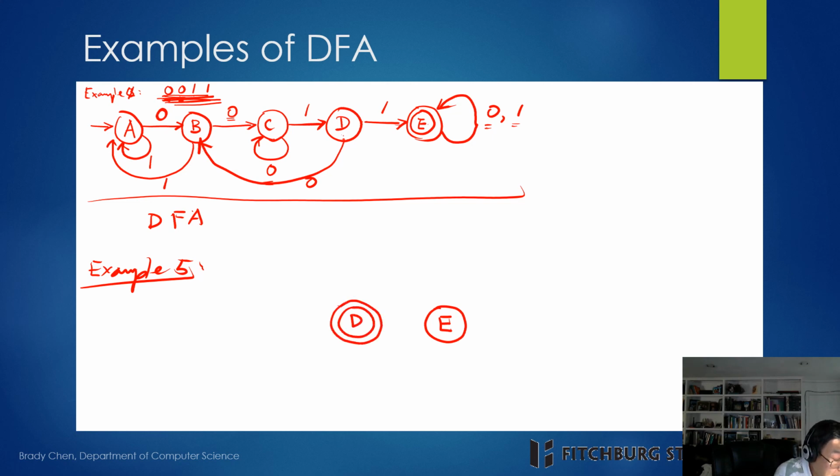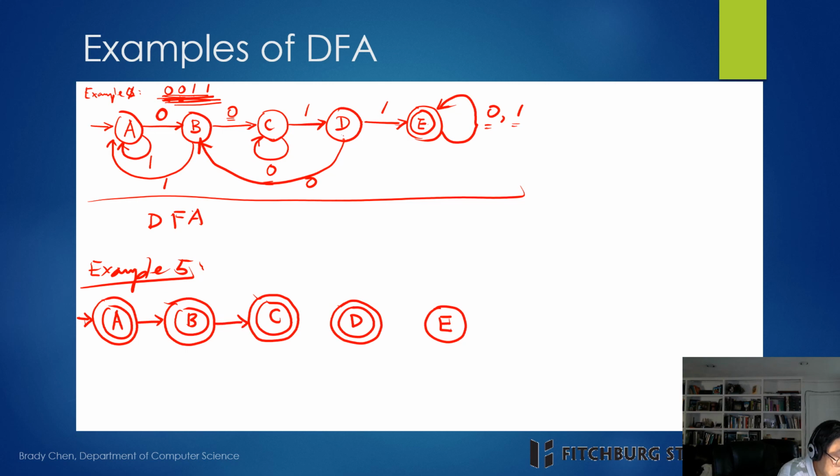C means we don't contain 0011, so that's an accepting state. B is also an accepting state. A is also an accepting state. Now everything else is the same.